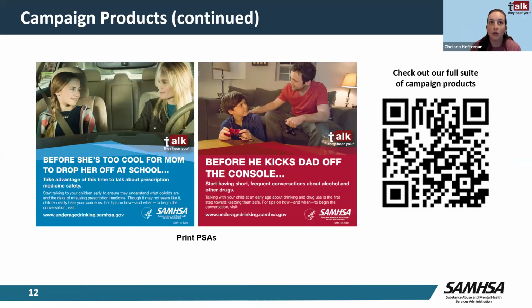And the cool thing about our PSAs and working with the Talk They Hear You team is that you can customize and adapt the products to fit your branding and your messaging. If you don't like any of the images and you want to tailor them more to what your community looks like, we can support you in that for free and help you adjust them as needed.